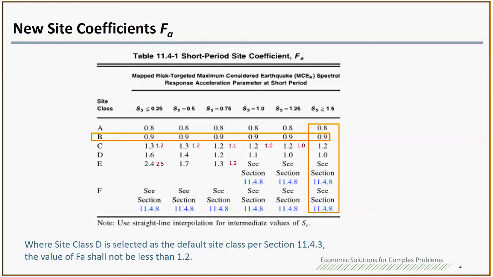As what we see here, when the Ss is greater than 1.0, the Fa value is 1.1 or 1.0. So that means if you don't do the site investigation, there is a penalty. You could have a 10% to 20% higher seismic loading if the project is located in a high seismic zone.